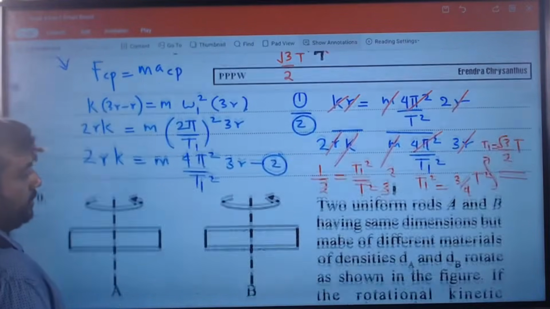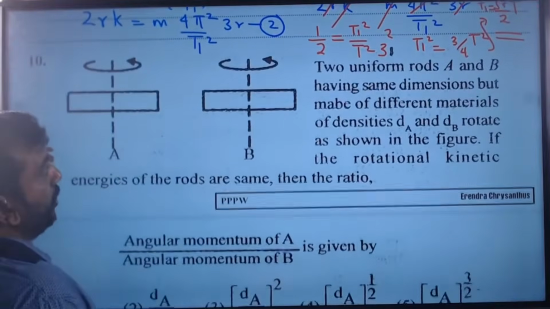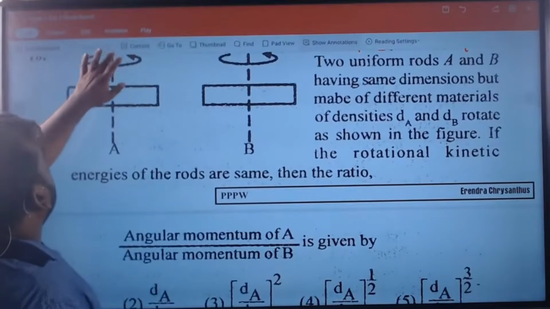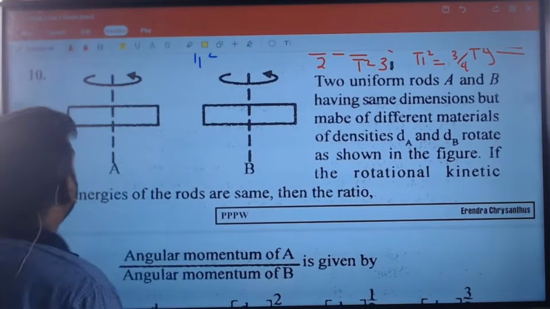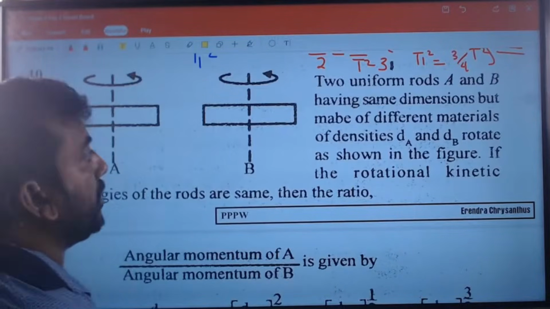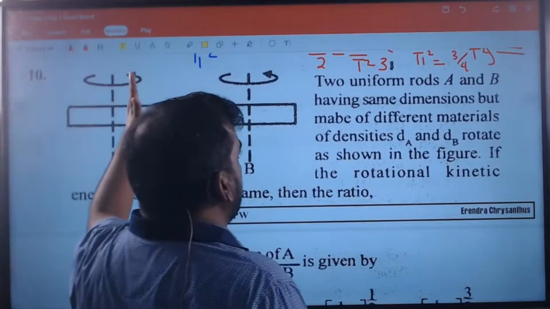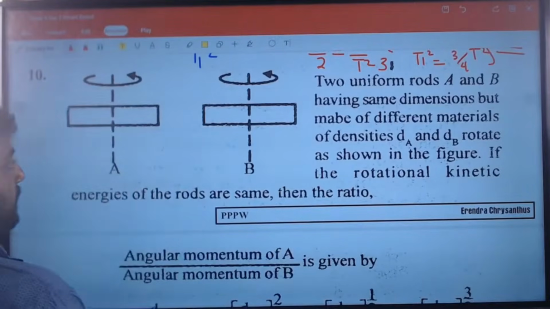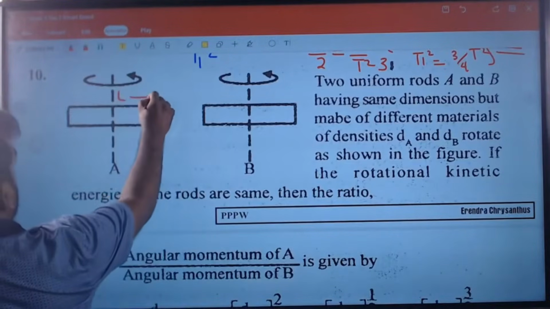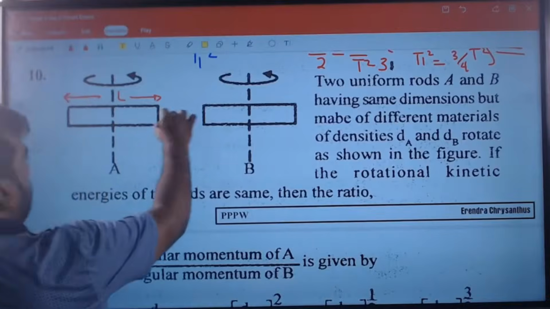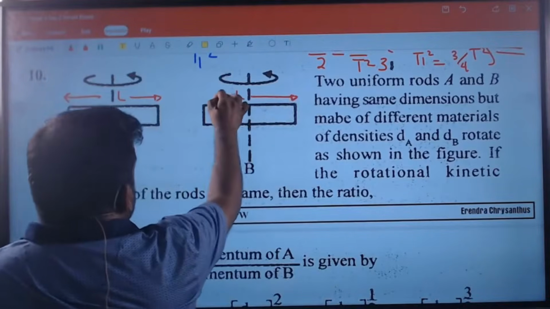Right. Moving on. Two uniform rods AB. Now you can see it's almost at the same dimensions, but maybe different materials. So L here, L here.